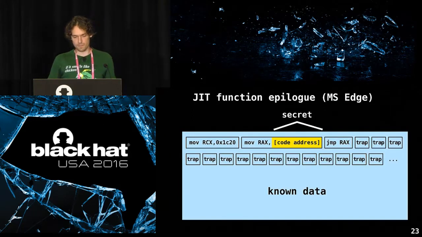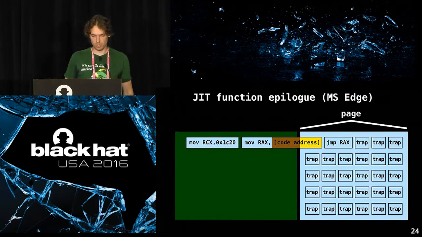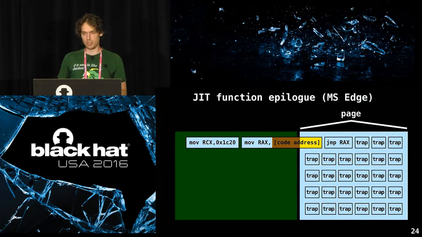So we create lots of functions which are just big enough to span just over one page. Because Microsoft Edge randomizes the size of the functions, we just spray a number of functions, and some of those will have a code address which spans multiple pages.